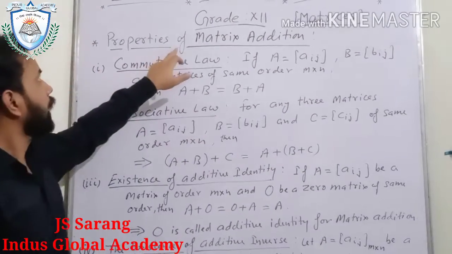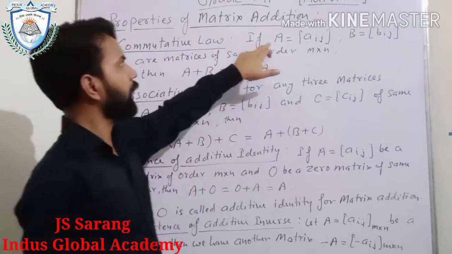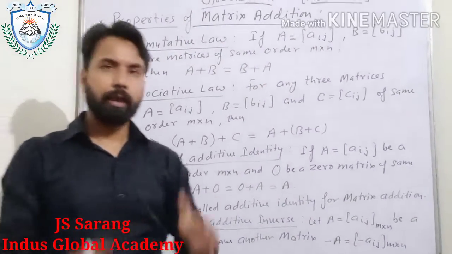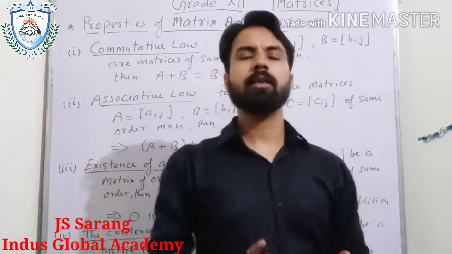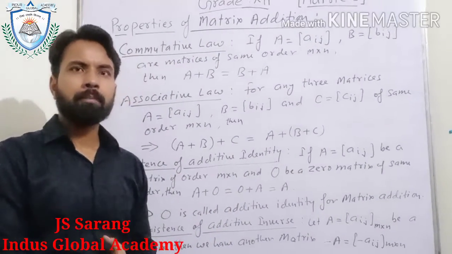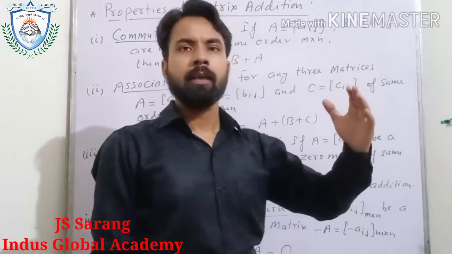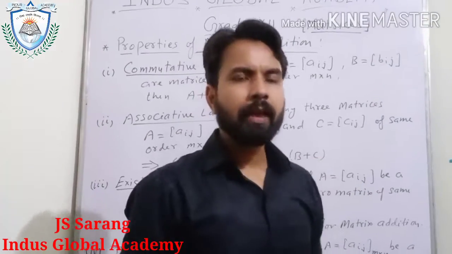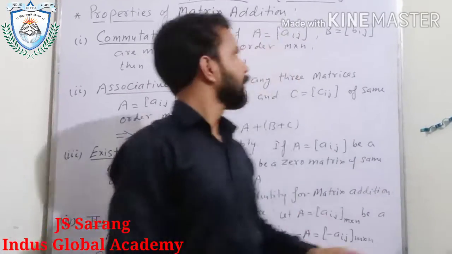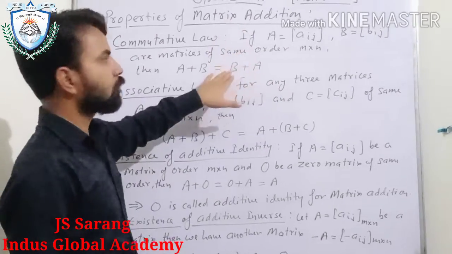So here, the properties of matrix addition, the commutative law says that if A and B are two matrices of the same order, then the sum of A and B must be equal to the sum of B and A. Means the result will remain the same. Order of the matrices doesn't matter. A plus B is equal to B plus A. This is the commutative law.